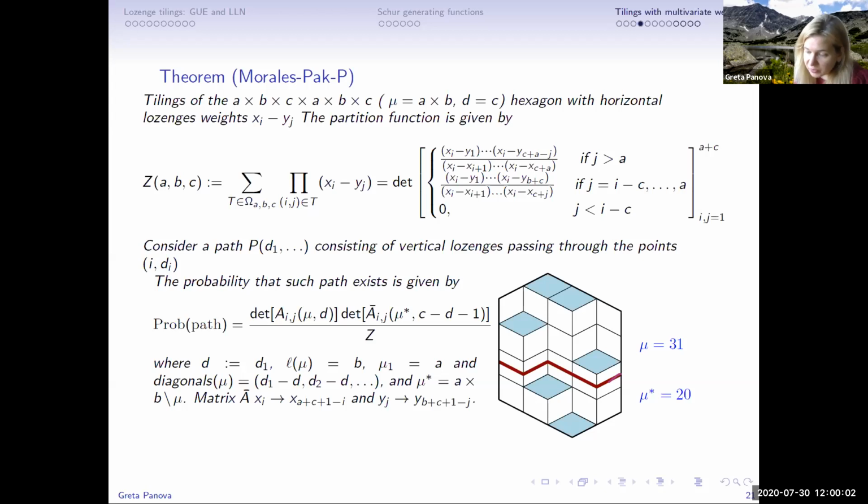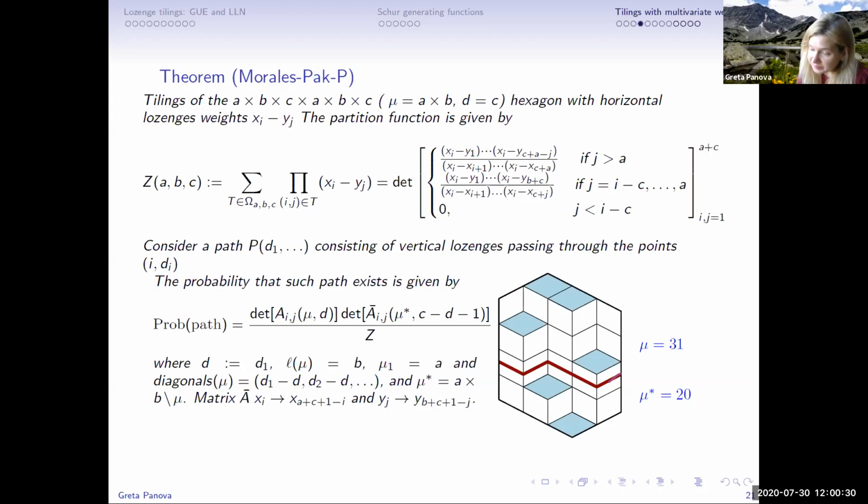So we do not really have formulas for the probability of seeing a particular lozenge at a particular place using this technology and with nice formulas, but for this we do. And yes, so one can do these simulations, as I showed earlier.